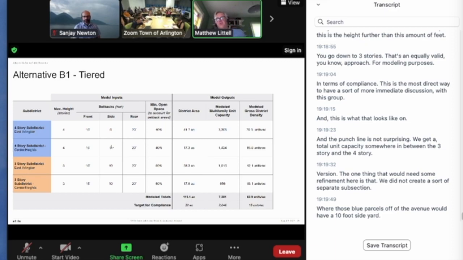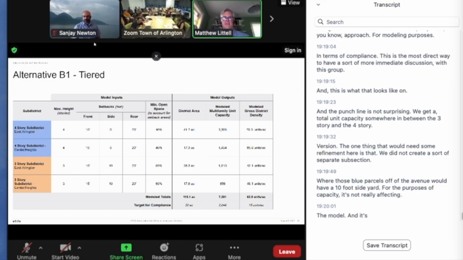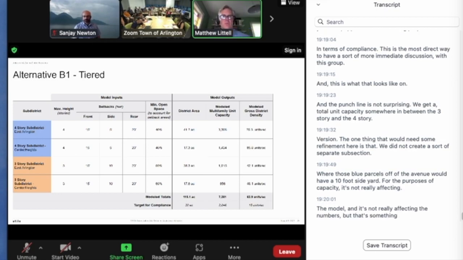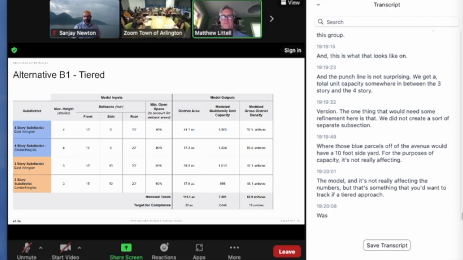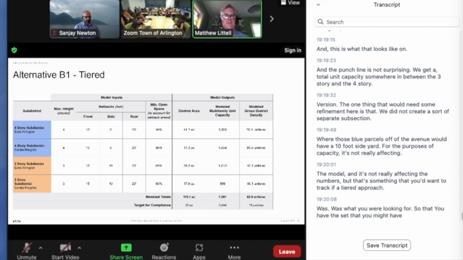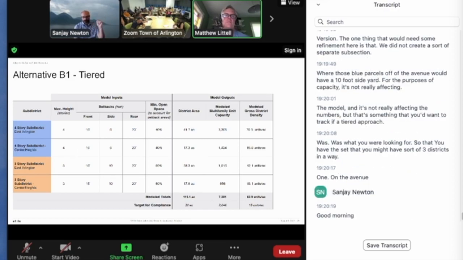For the purposes of capacity, it's not really affecting the model or the numbers, but that's something you'd want to track if a tiered approach was what you were looking for, so that you might have 3 districts in a way, one on the avenue, one just behind with different setbacks and so forth.